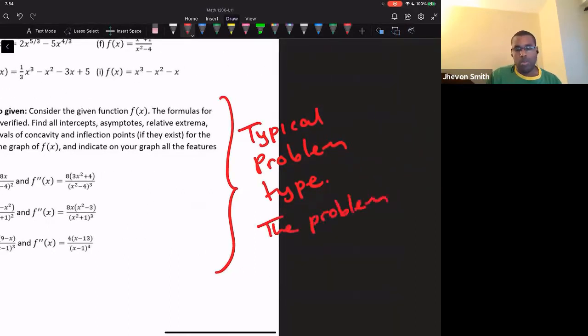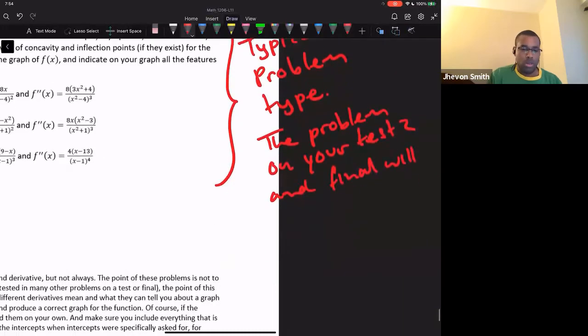The problem on your test 2 and final will be similar.